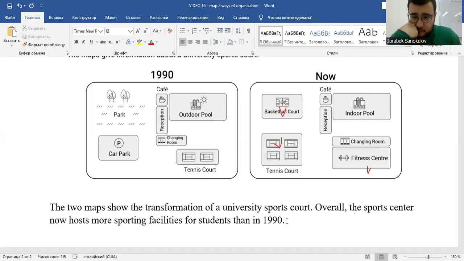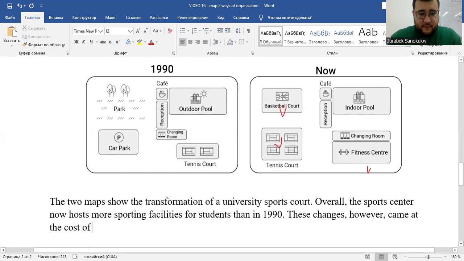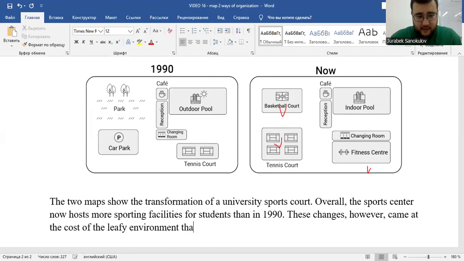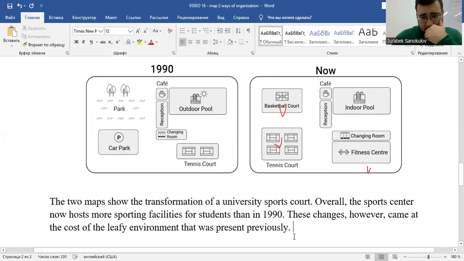These changes, however, came at the cost of the leafy environment that was present previously. Okay, I now want to add kind of an umbrella sentence.